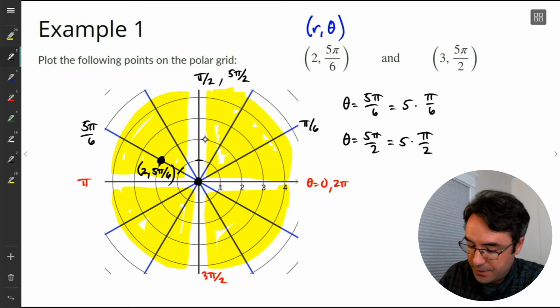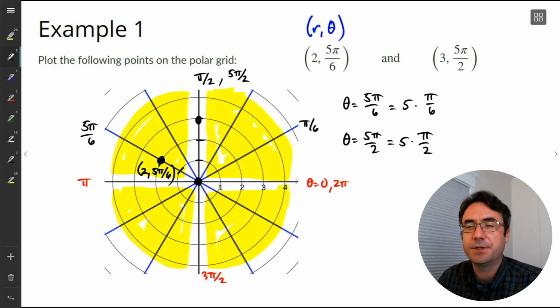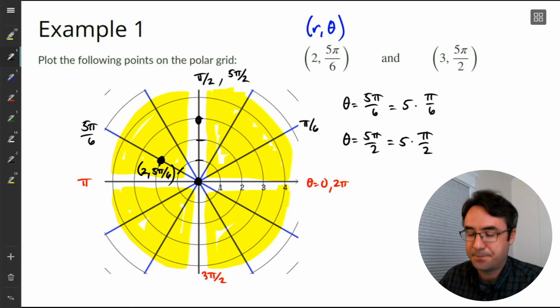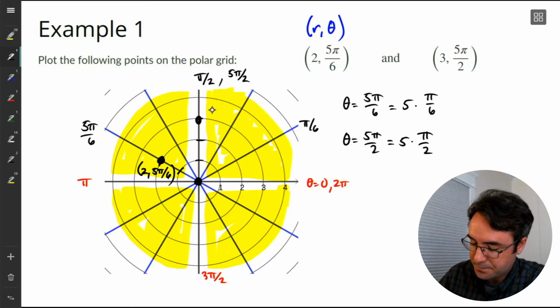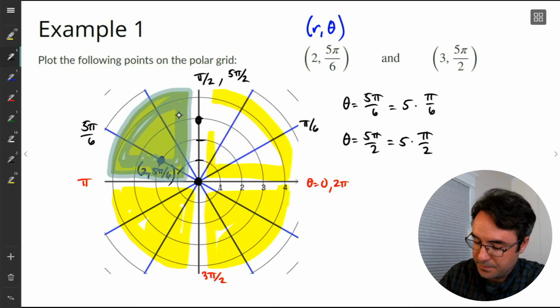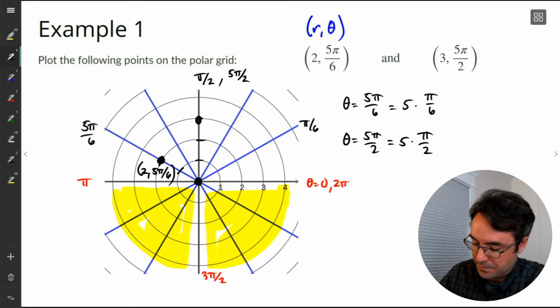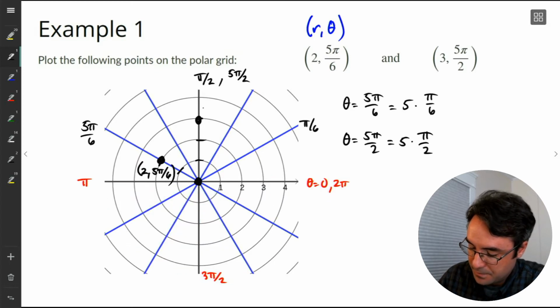So we're going to go 1 unit, 2 units, and then here's our 3rd unit away from the origin. So that's our point. So what is it? 3, 5 pi over 2.